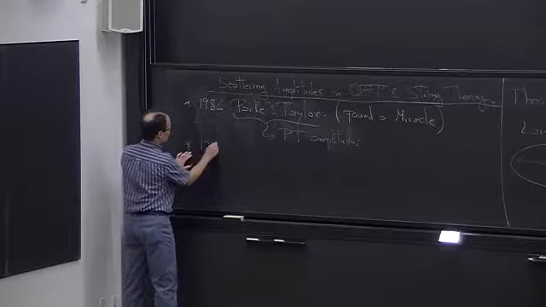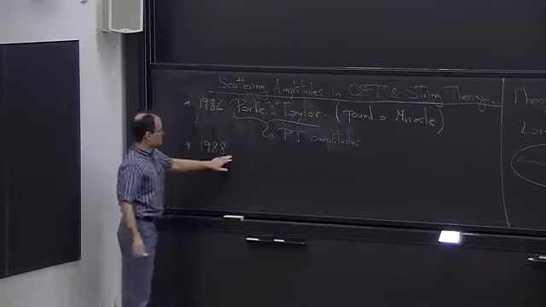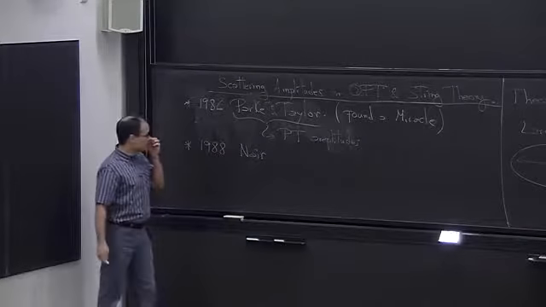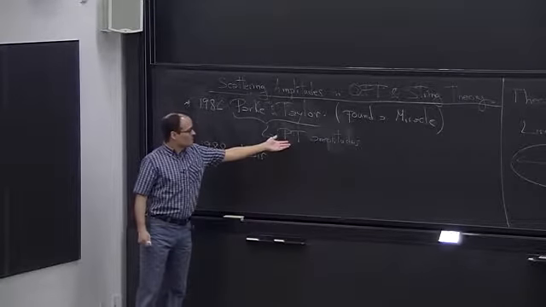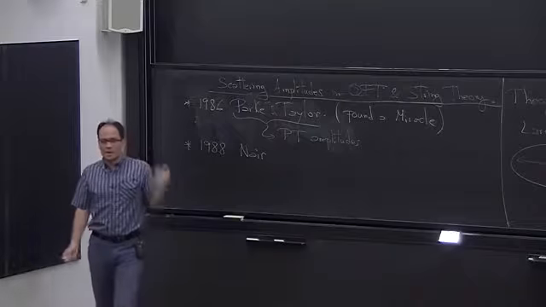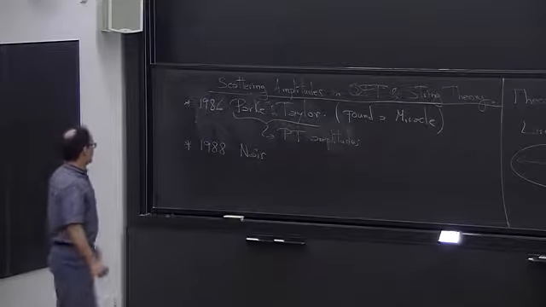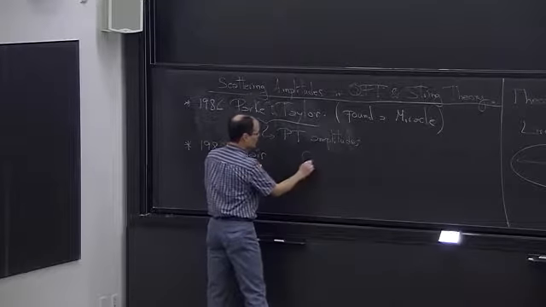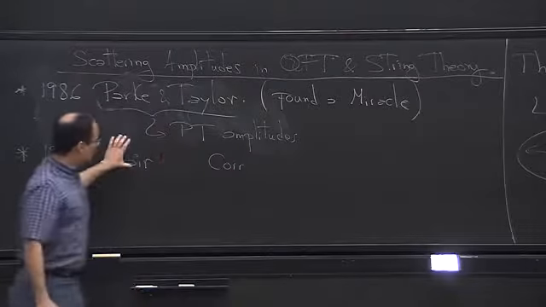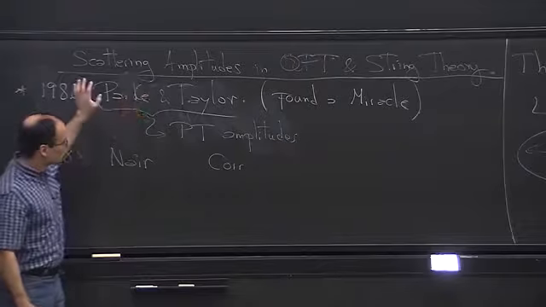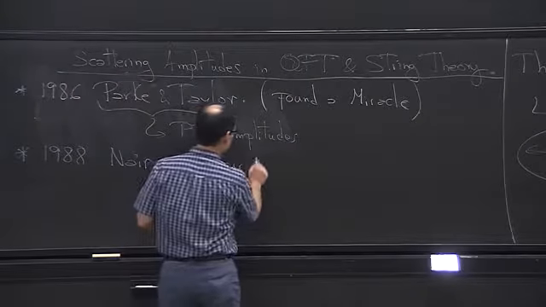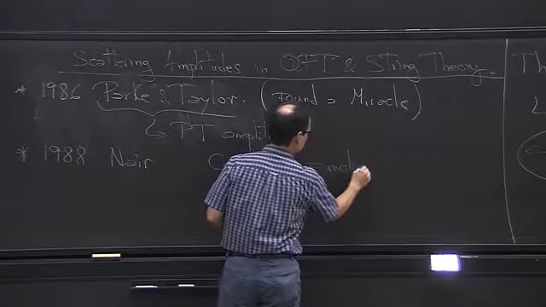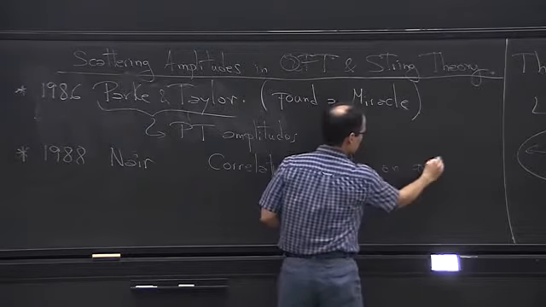Now, in 1988, Nair decided to study this little miracle and try to reinterpret it. And he found that these Parke-Taylor amplitudes could be thought of, and that perhaps was the reason why they were so simple, as correlation functions on a sphere.